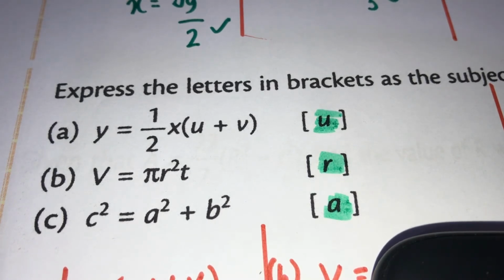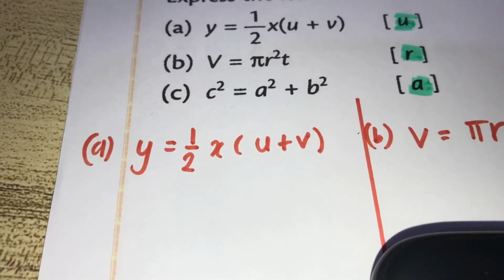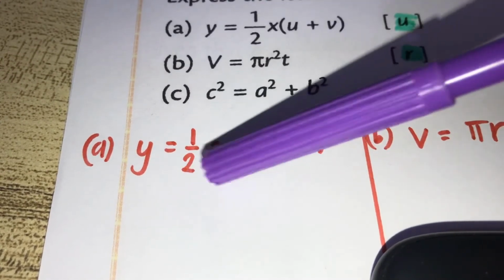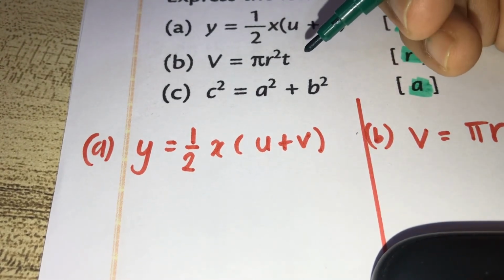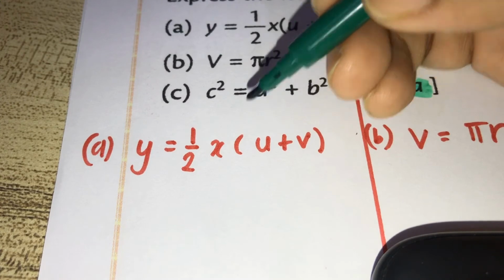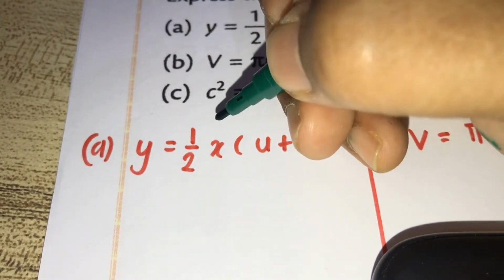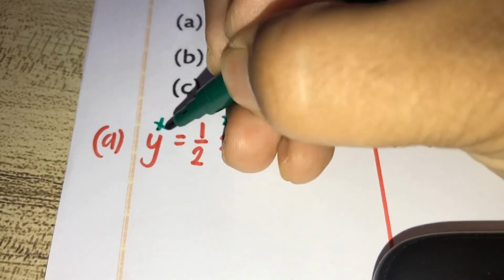Question A first. If I want to solve any question, if this algebraic equation has fraction form, I will simplify. I don't want the fraction form, so I will change it. How to remove the fraction? You can multiply 2 at the right, then you have to do the same at the left. So I will multiply 2 here and multiply 2 here.